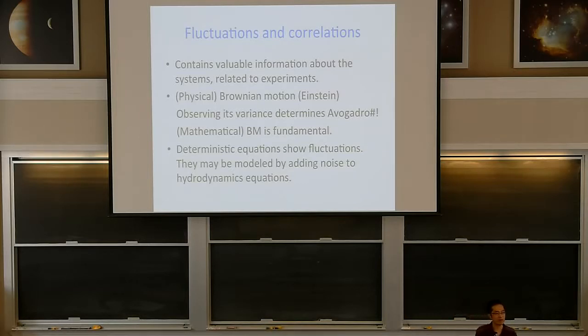But if we assume that they match, then this gives us information about microscopic systems from just observing the motion of a Brownian particle, which at the time became possible to observe by microscope, right?